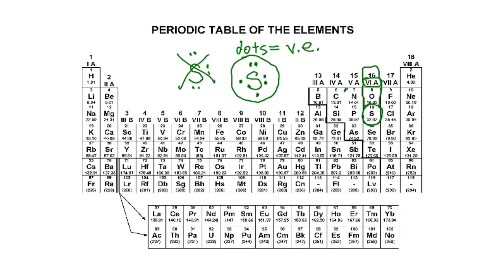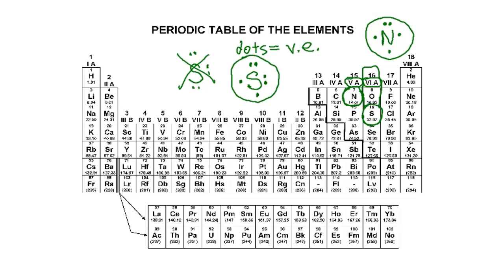So let's do another one. Let's do nitrogen. Nitrogen is in group 5A, so nitrogen is going to have 5 dots around it. So we go 1, 2, 3, 4, and it needs 1 more, so we're going to double up, 5. So that would be the Lewis dot structure for nitrogen.